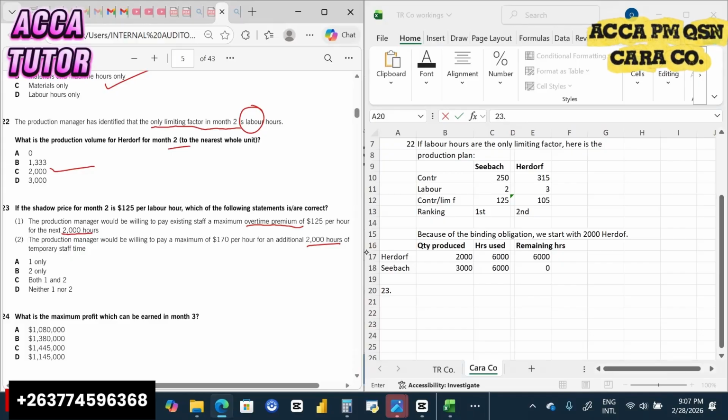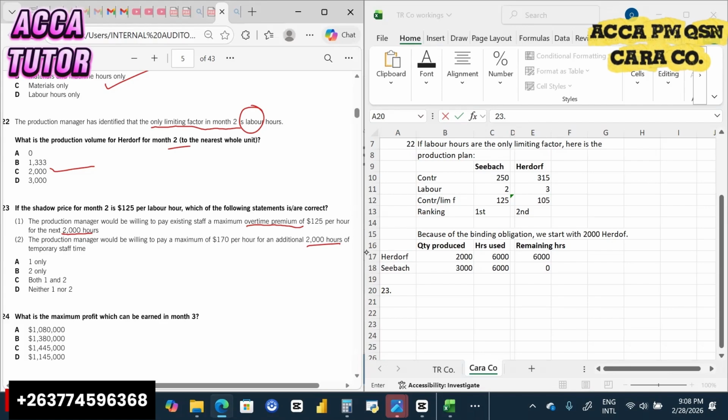All right. So if 125 is the shadow price for labor, then it simply means the manager would be willing to pay existing staff a maximum overtime premium. Remember, overtime is an extra resource after the normal production time, so that extra overtime attracts an extra cost, which is called an overtime premium.